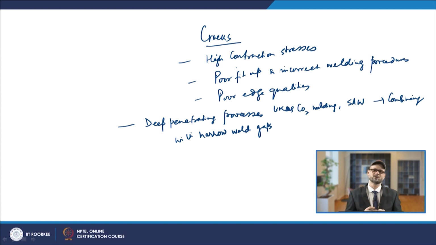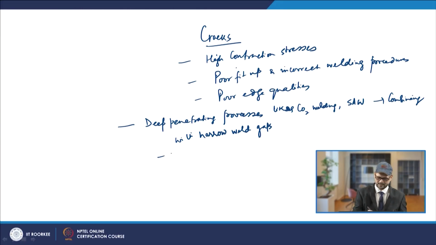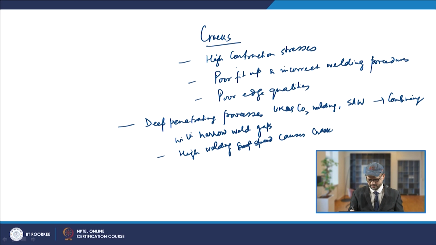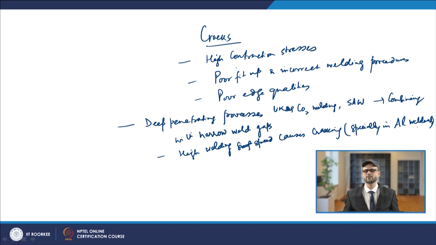Similarly, if you have a very high welding speed, in those cases also you have the chance of cracking. So, high welding speed causes cracking, especially in aluminum weldments. So these are the different reasons for cracks.